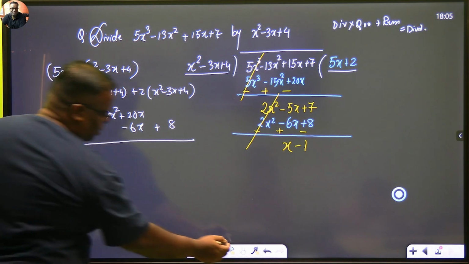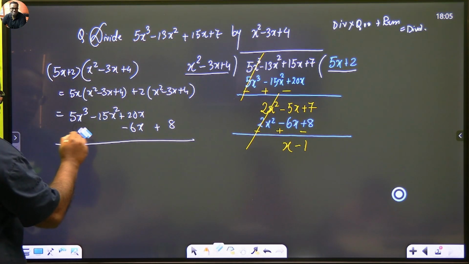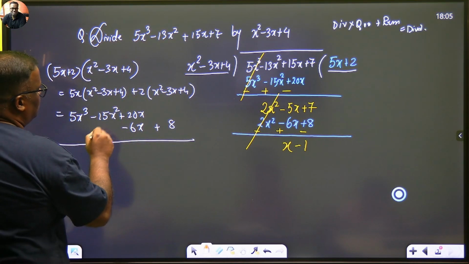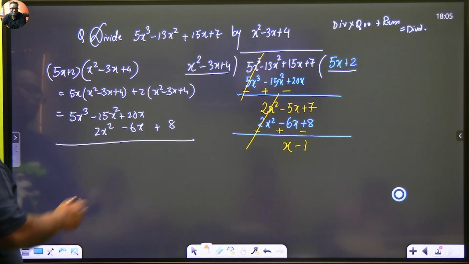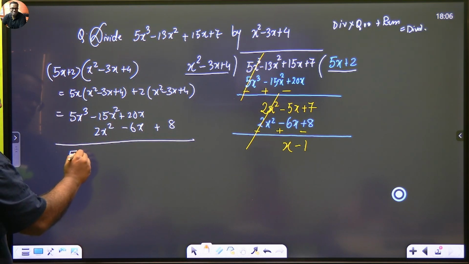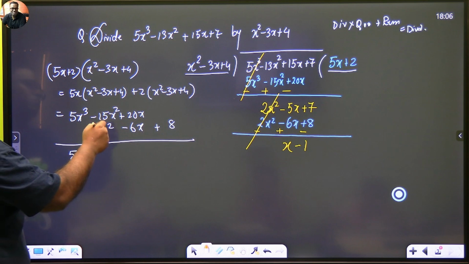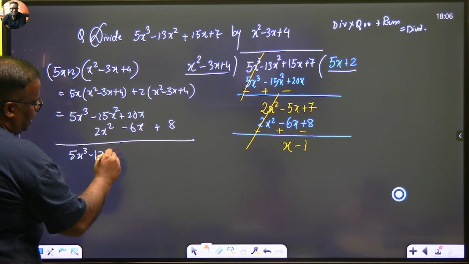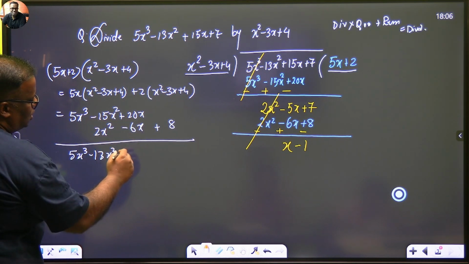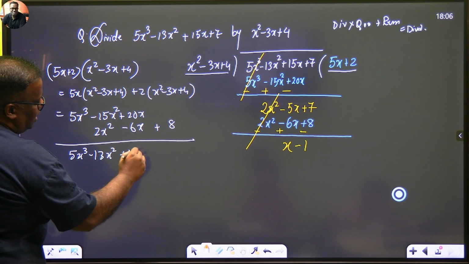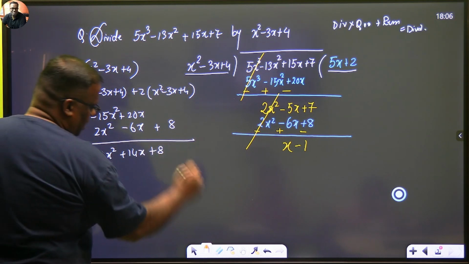Oh, sorry, that's my mistake. The 2x square should have been placed here. Now let's add them. 5x cube is 5x cube. This gives me negative 13x square, plus 14x plus 8. Agreed?